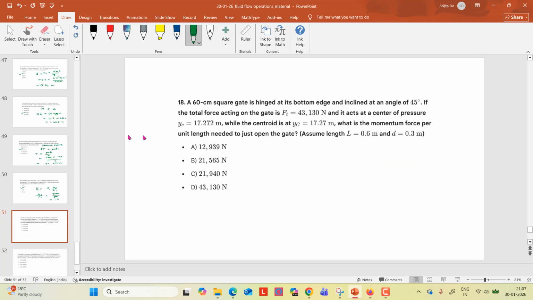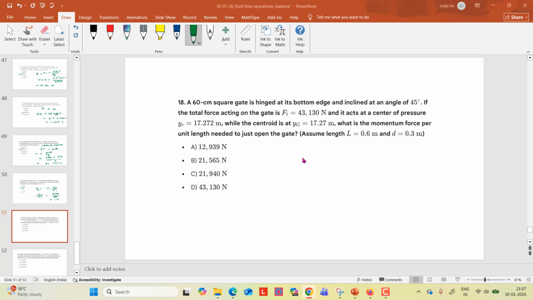A 60 centimeter square gate is hinged at its bottom edge and inclined at an angle of 45 degree. The total force acting on the gate is this, and it acts at the center of pressure, while the centroid is this. What is the moment force per unit length needed to just open the gate?